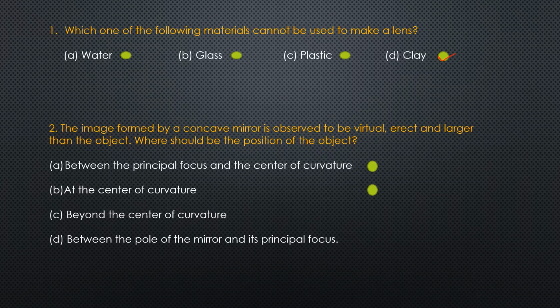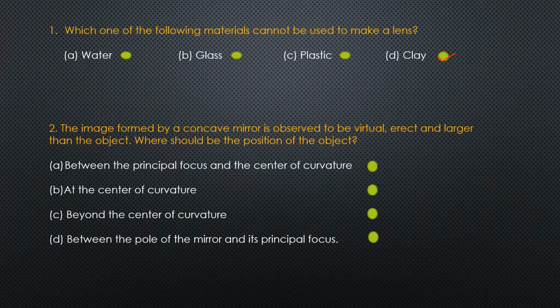Second, the image formed by a concave mirror is observed to be virtual, erect, and larger than the object. Where should be the position of the object? Between principal focus and the center of curvature, at the center of curvature, beyond the center of curvature, between the pole of the mirror and its principal focus.